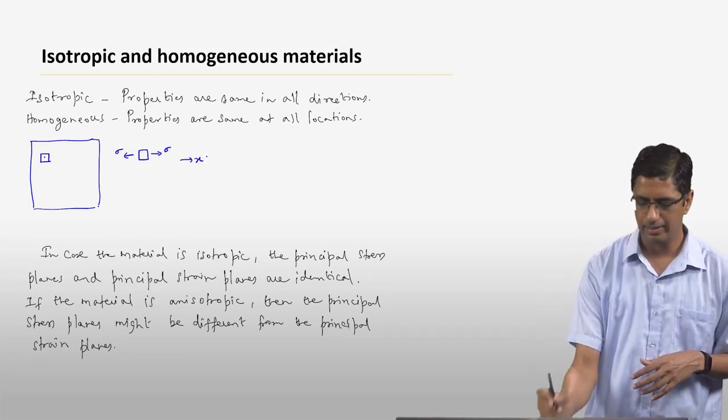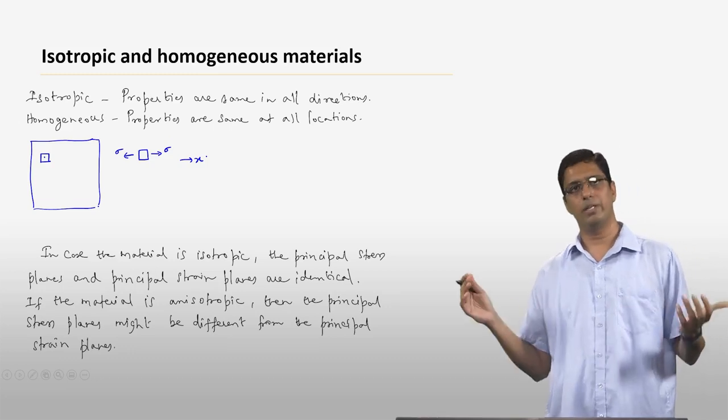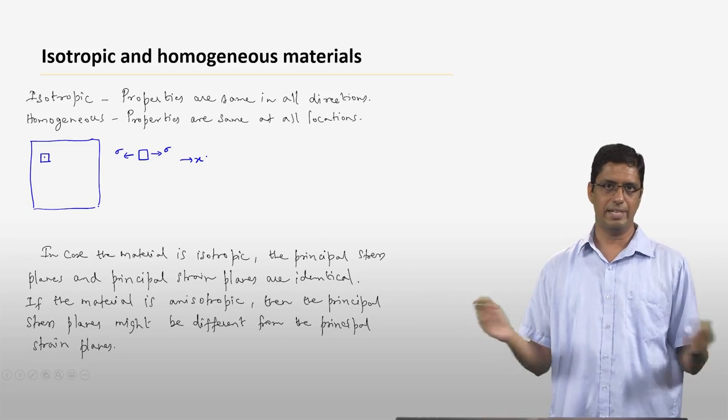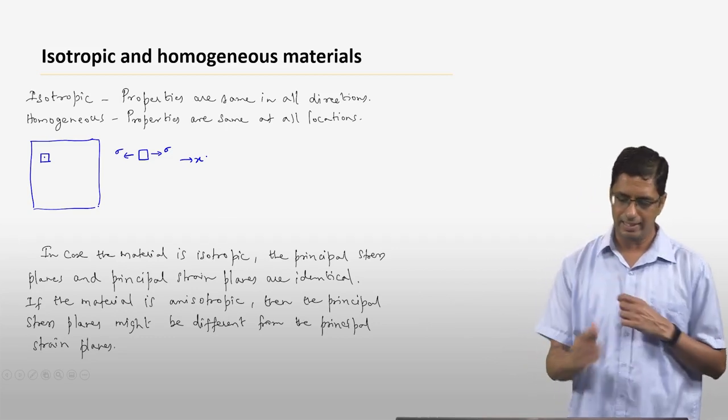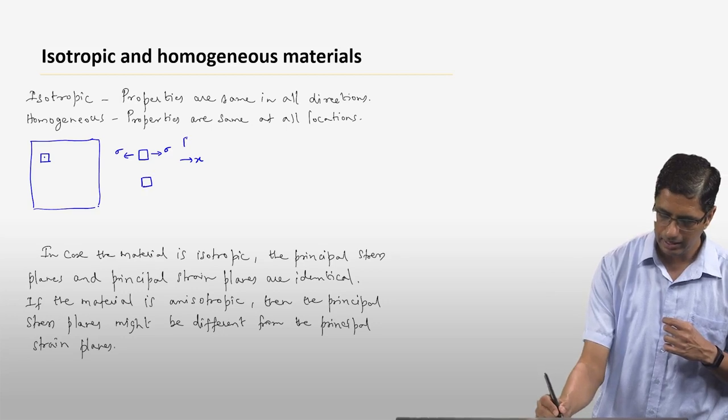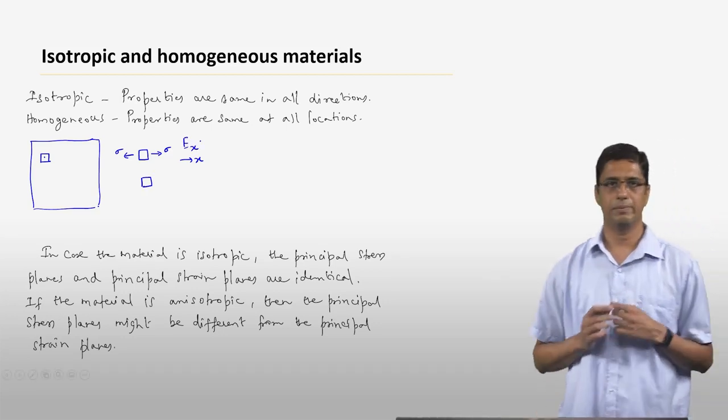So let's say this is the x direction. I'll get one value of Young's modulus, which is going to be the sigma that I apply divided by the strain in the x direction. Let me call that Ex, the Young's modulus in the x direction.